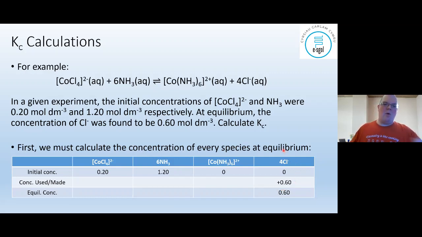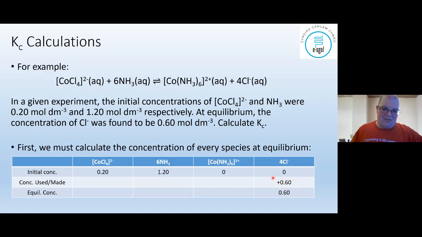Okay, now we use our stoichiometry, okay, our big numbers in front of the species, to work out the mole values for all of the others. And it makes sense to look at the other product first, because that's going to be a positive number again. So this is a 4-to-1 ratio.